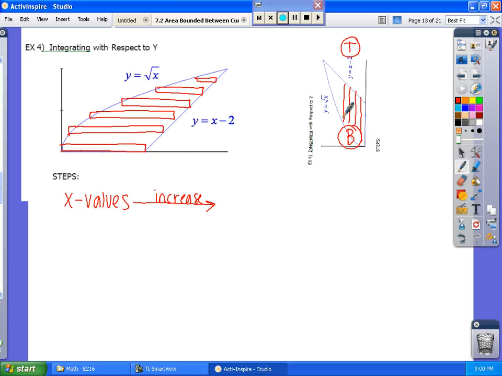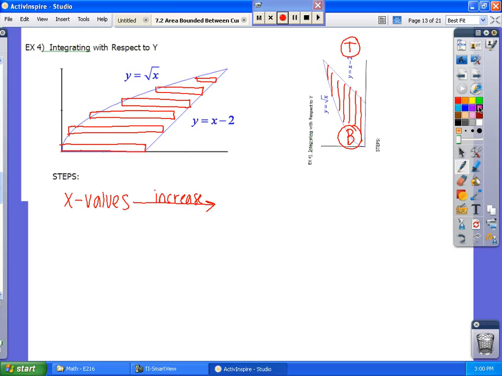What we have to now do is really do this in terms of y's, and what that does for us is, first of all, we're only going to need one integral to accomplish getting the area for this. Secondly, we're going to look at this function in terms of right and left.